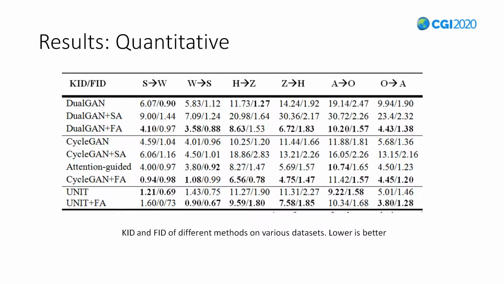Second, further comparing our method with the attention-guided method, CycleGAN+FA and UNIT+FA have evident advantages over it. The last one, although the performance of FID is not as good as KID by employing FA modules, its overall trends are the same as KID.